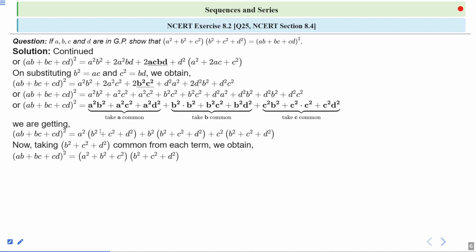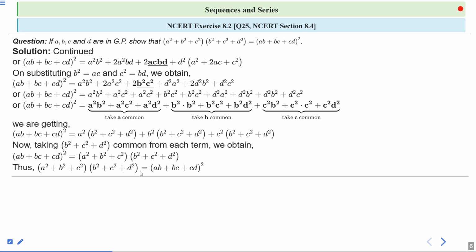Because you can see in each term (B² + C² + D²) is common. So taking it common from each term, we obtain (AB + BC + CD) whole square equal to (A² + B² + C²) multiplied with (B² + C² + D²). Thus (A² + B² + C²) multiplied with (B² + C² + D²) is equal to (AB + BC + CD) whole square.